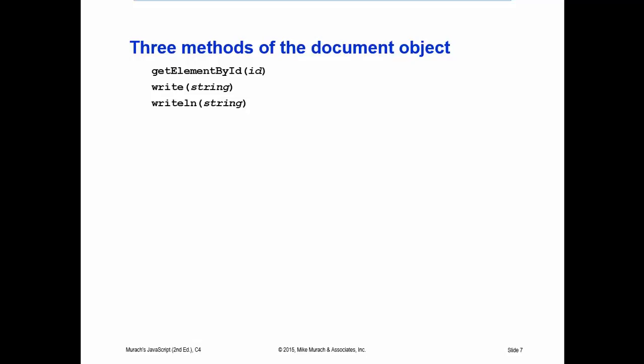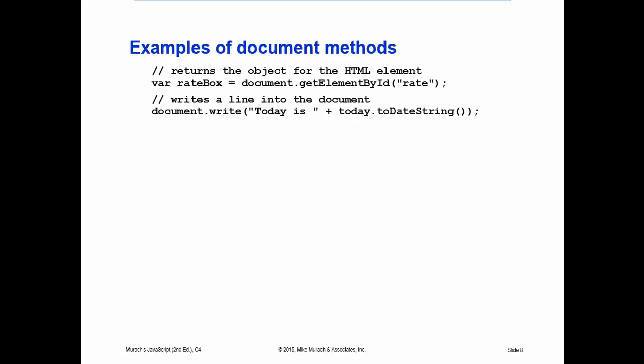We've looked at this line already, so here's some examples. This assumes that you've got a text box or something that you've given an ID called rate. That grabs that whole object, and it copies it into something called rateBox.